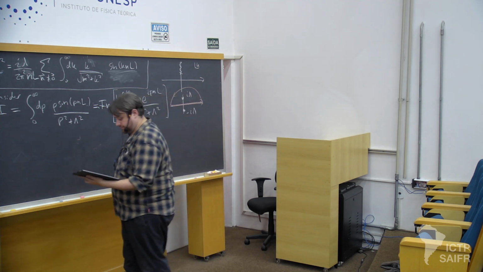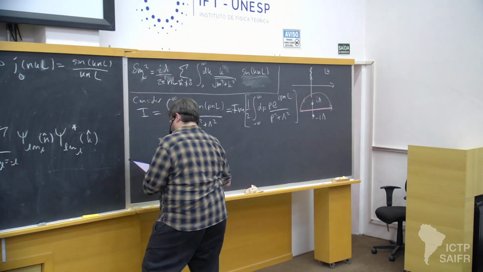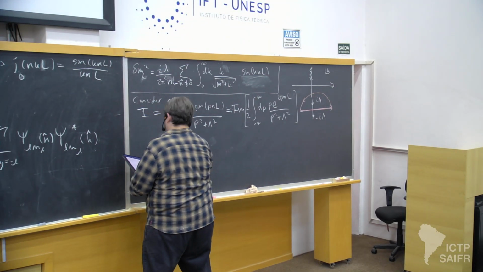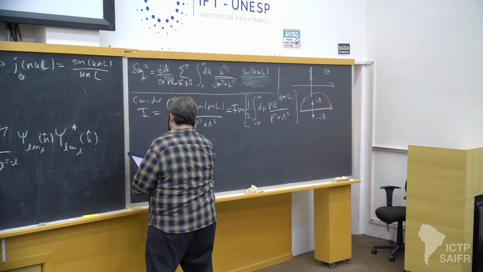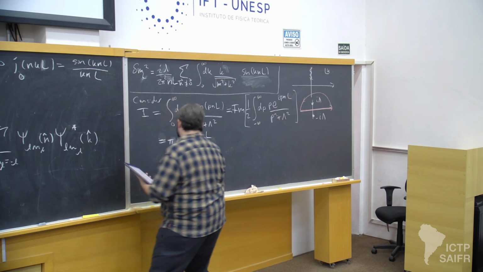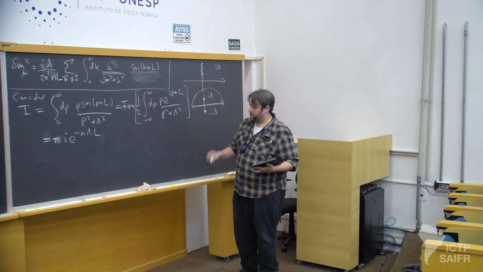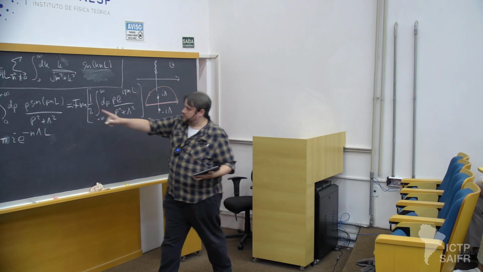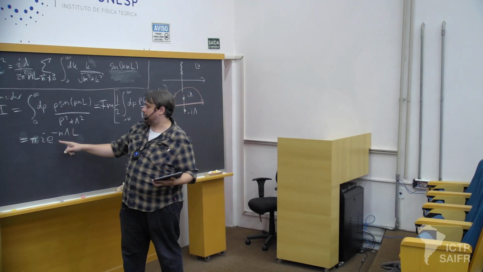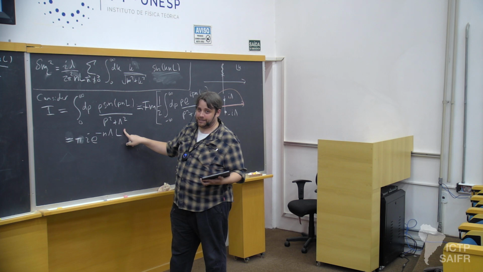By Cauchy's theorem, again assuming everything is well regulated, this is going to give you pi i times e to the minus n lambda L. So this integral is going to give some factor times an exponentially suppressed mode in the mass scale of the integral with the box size.